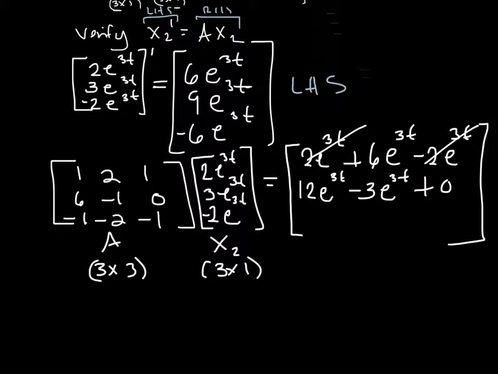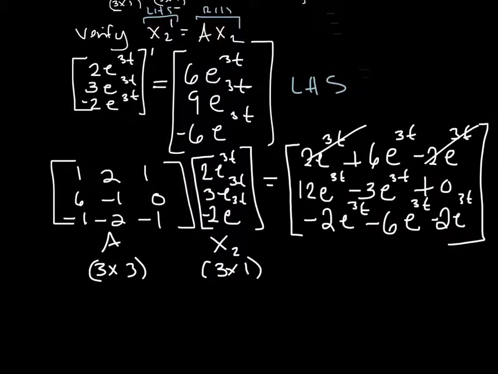And finally, we have this guy and this guy. And we have minus 2e to the 3t minus 6e to the 3t minus 2e to the 3t. And I'm supposed to get negative 6.